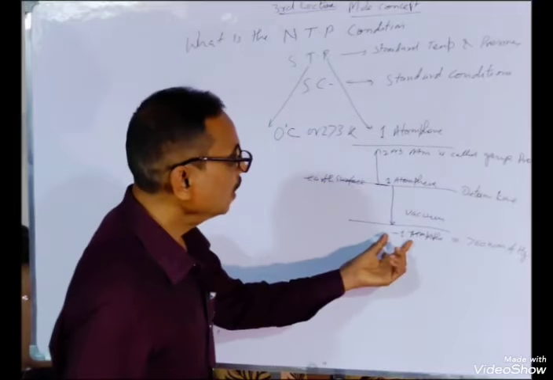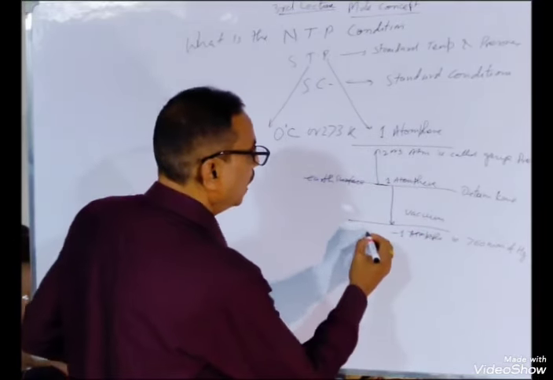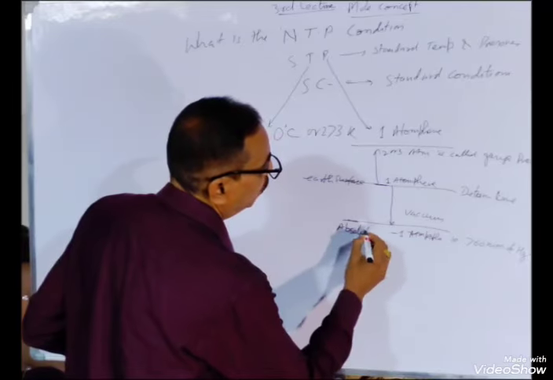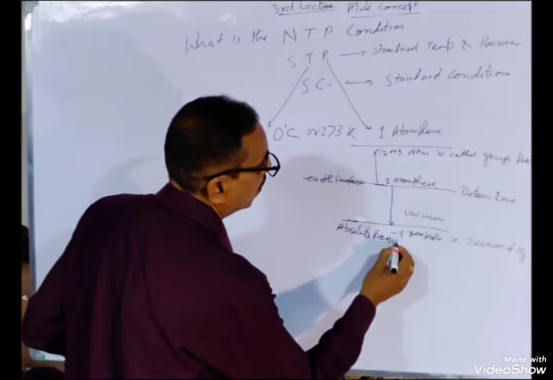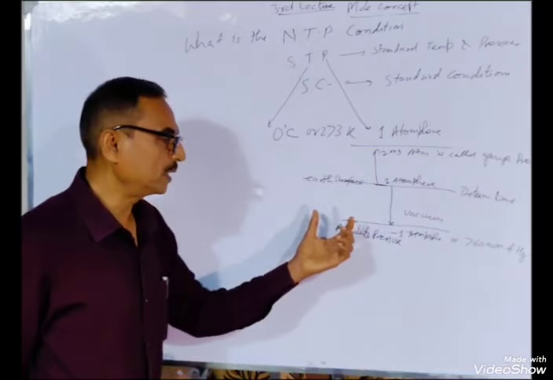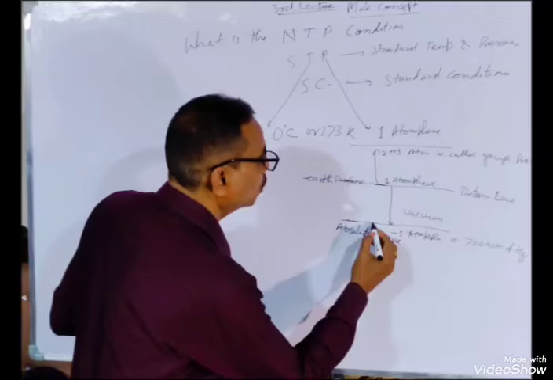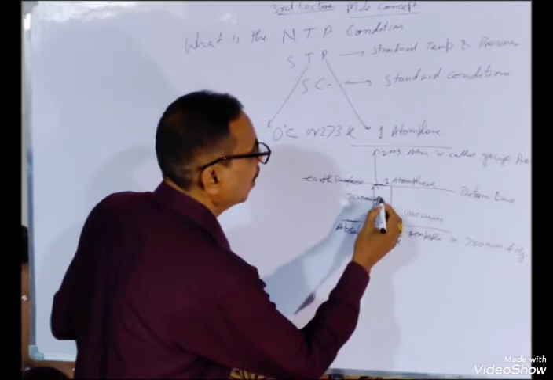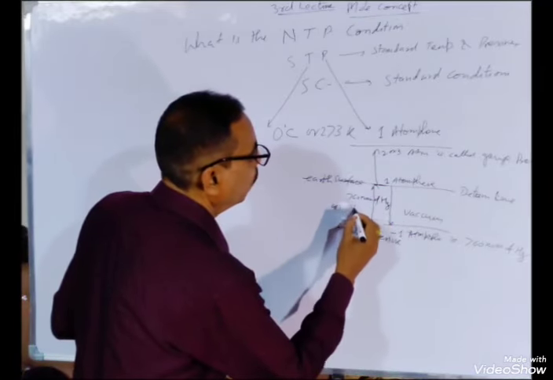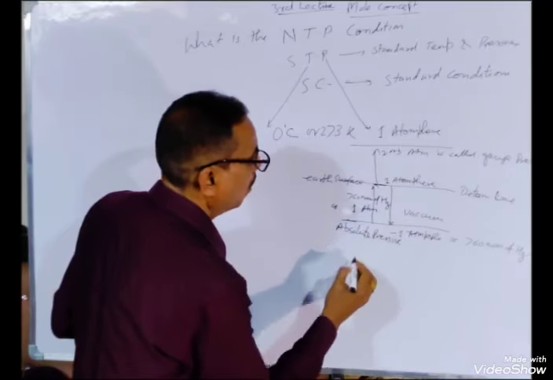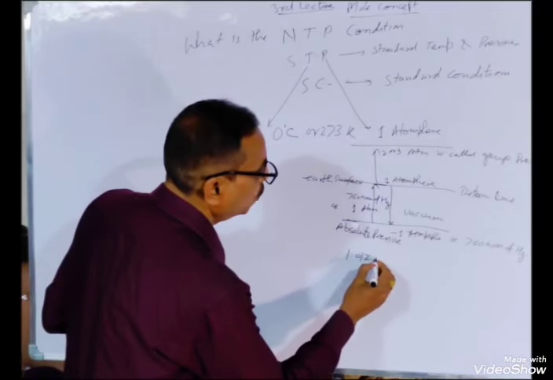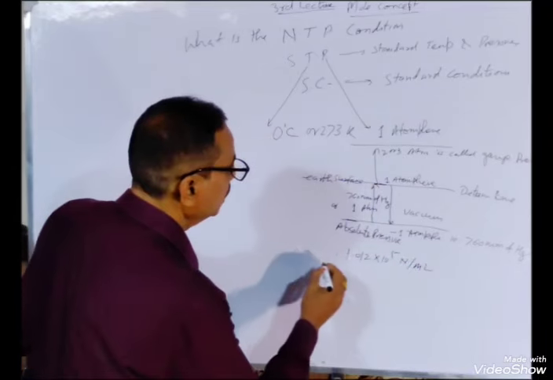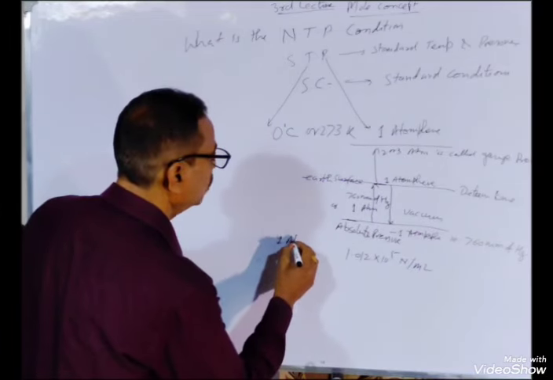This line is called the absolute pressure line. So maximum vacuum is 760 mm of Hg, or 1 atmosphere, or 1.012 into 10 to the power 5 Newton per meter square, which is equivalent to 1 atmospheric pressure.